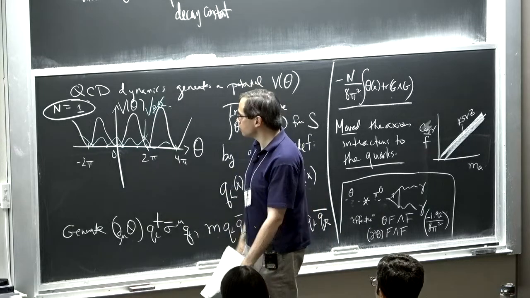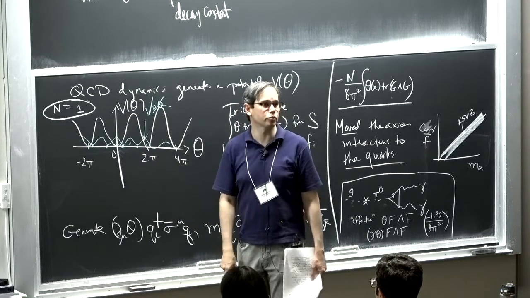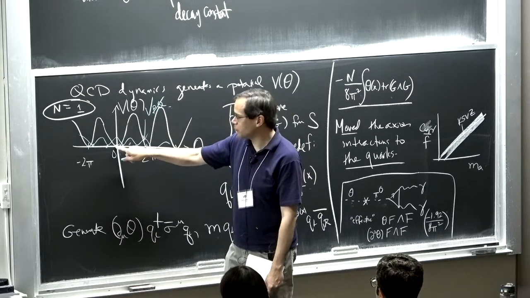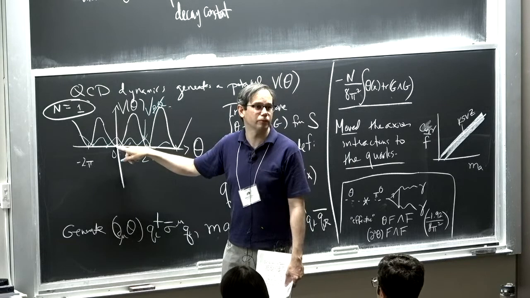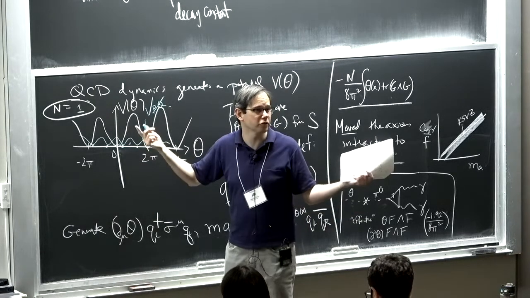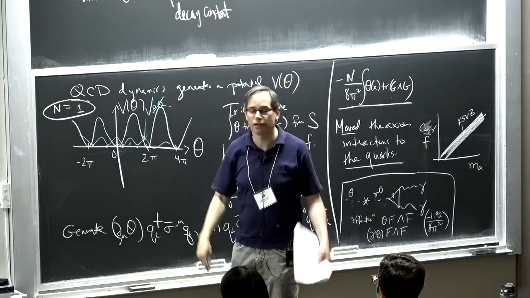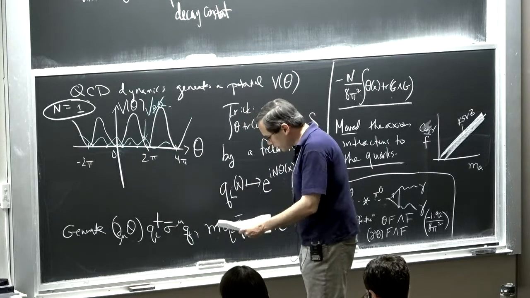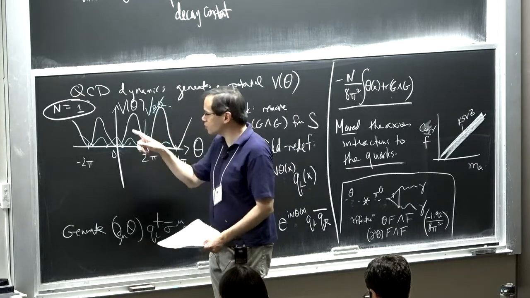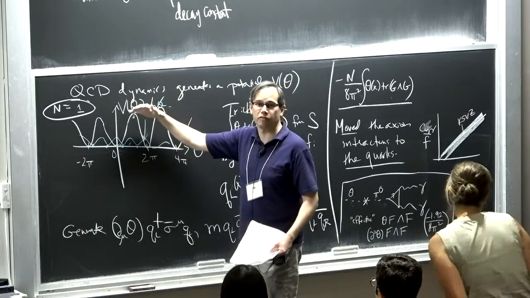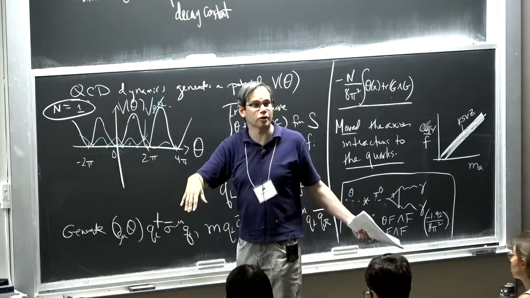So what I need to do is make this new contribution really, really small, or have a really good explanation for why the minimum was lined up with that one, which isn't really obvious, because CP is not a good symmetry of our universe. Why shouldn't there have been a phase? And it has to be really small, because it has to be not only smaller than the original one, which depended on m_pi squared, f_pi squared, which are a lot smaller than the Planck scale.